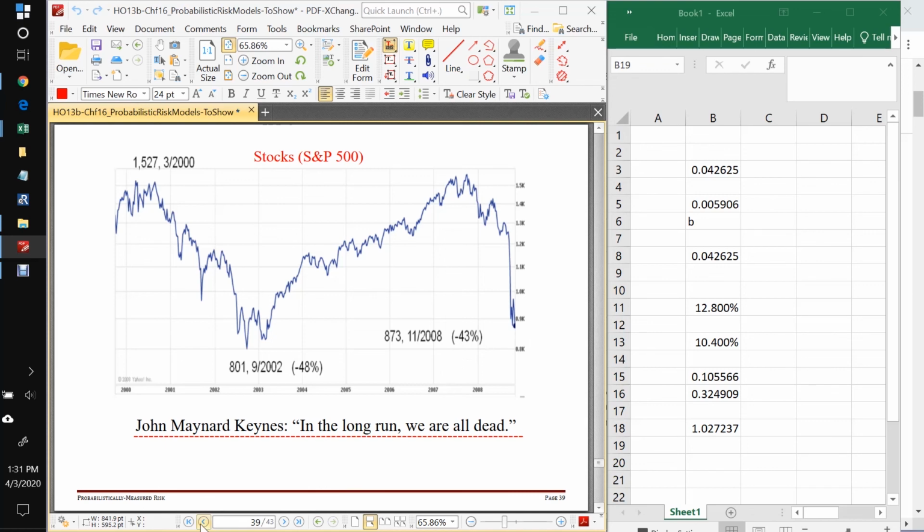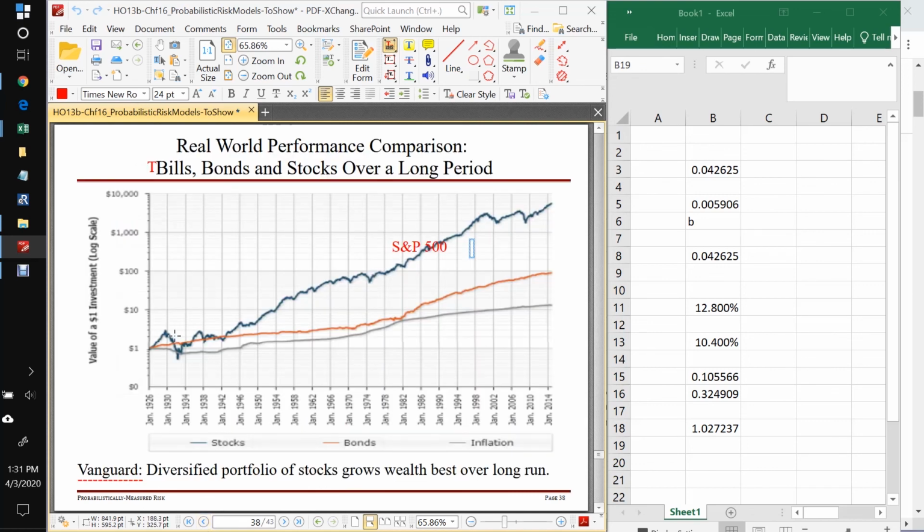So the message I'm trying to get across here is if you have a very long investment horizon, which most of you do as young folks just exiting college soon, it is really true, if you believe in the United States and other countries like it, that stocks, equity investments, are going to do the best over the long haul.